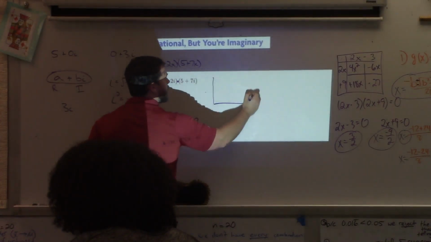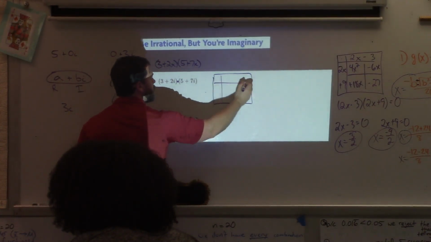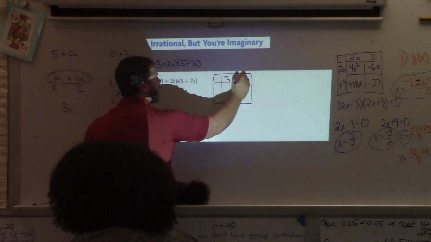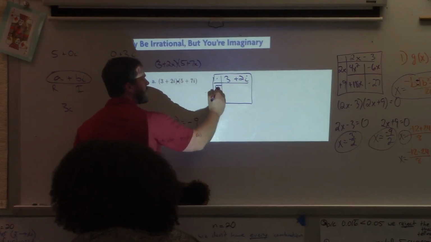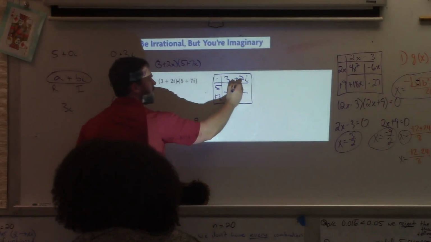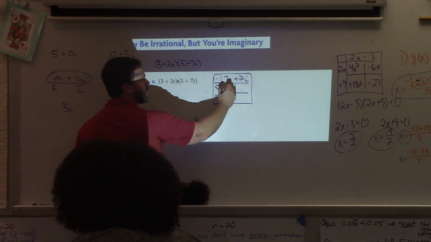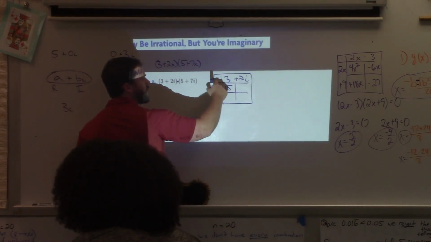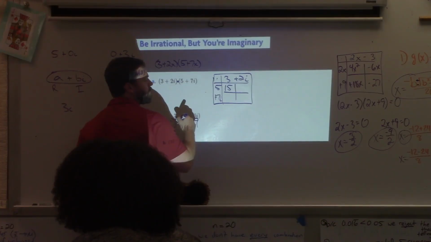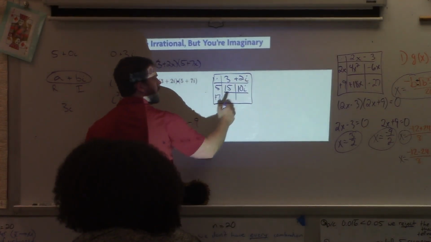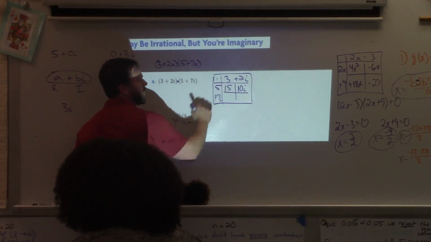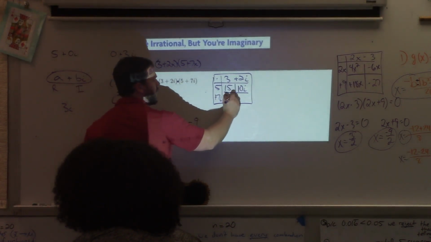Here is the same thing. 3 plus 2i, 5 plus 7i. What's 5 times 3? 15. What's 5 times 2i? 10i. What's 7i times 3? 21i.